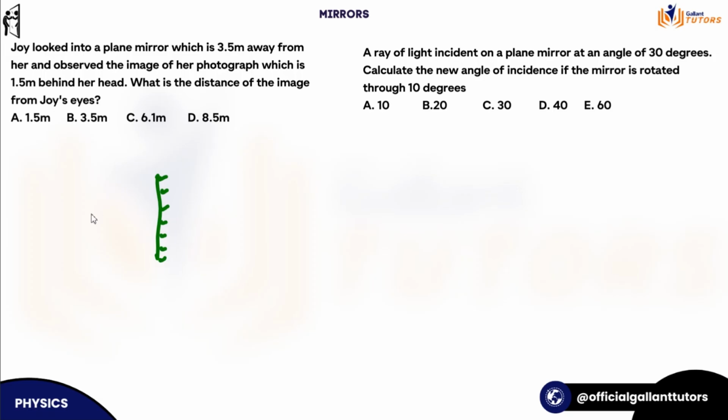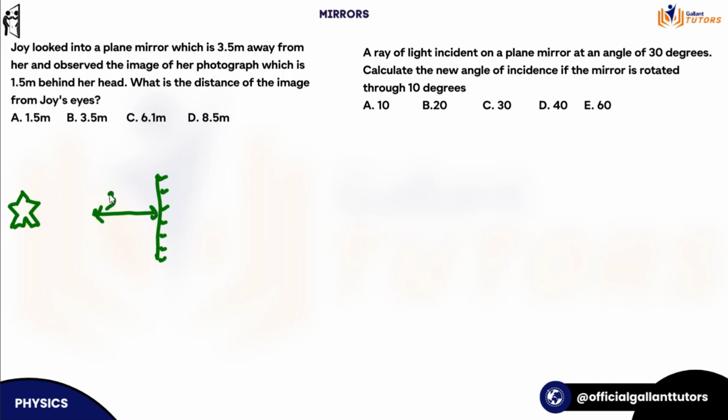So Joy is at this point. Let's assume this is what she's actually seeing. From this part to this part, we've been told that Joy looked into a mirror which is 3.5 meters away.